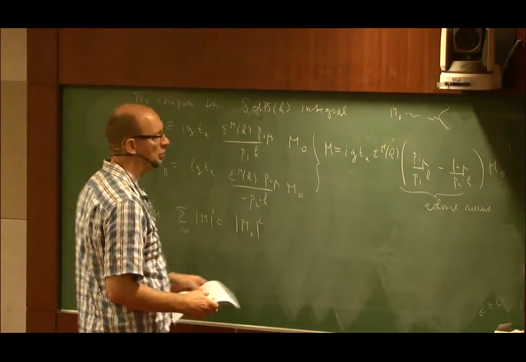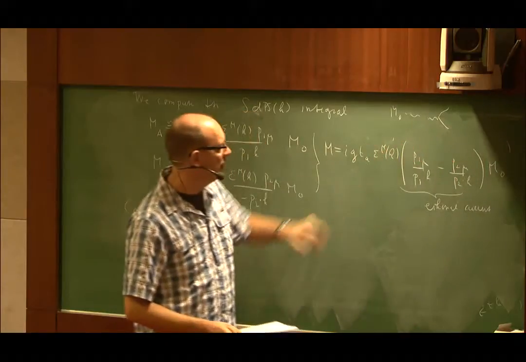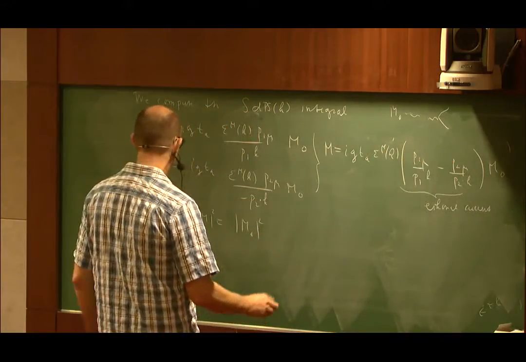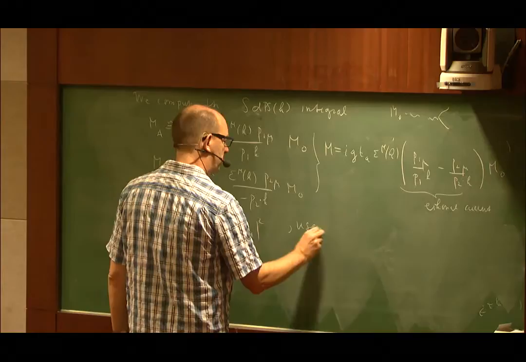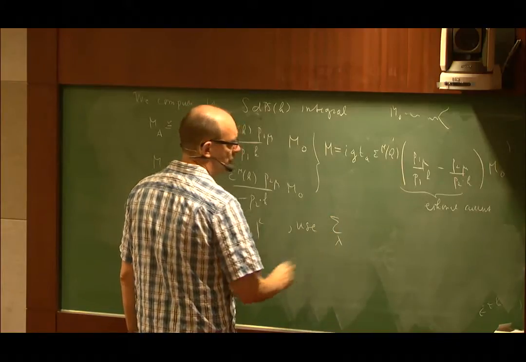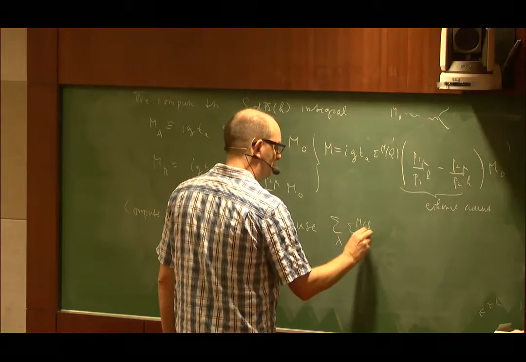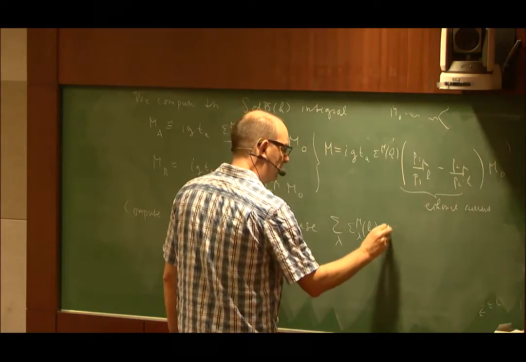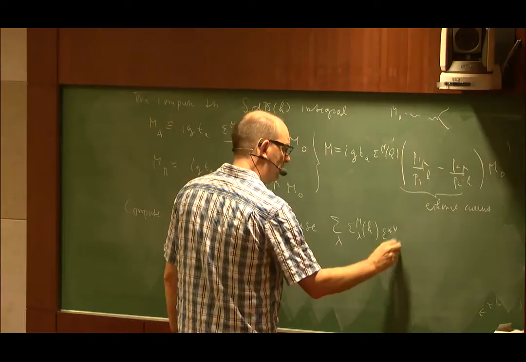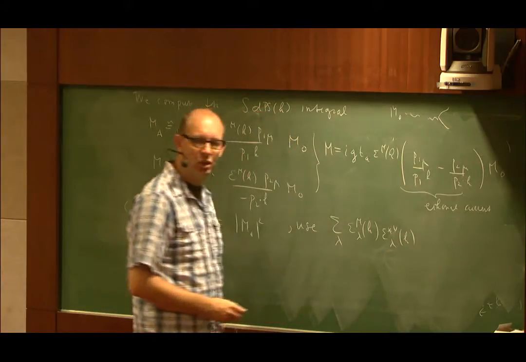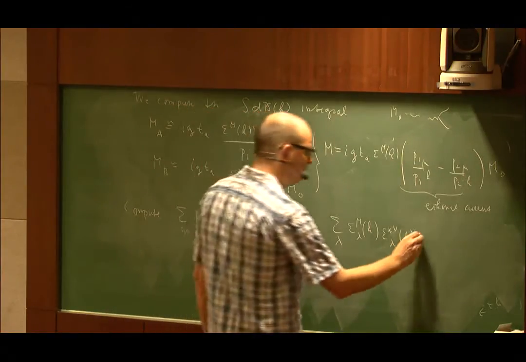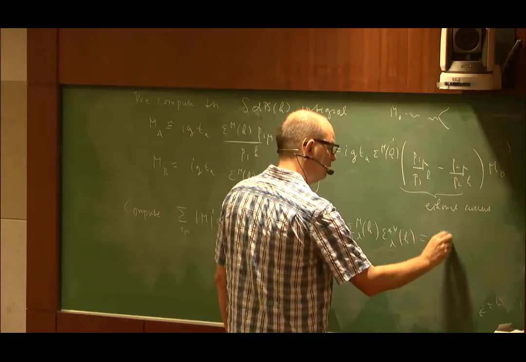And then we have to sum this part squared, summed over spins, and we use that the sum over lambda of epsilon_mu of k lambda epsilon star nu lambda of k, from the complex conjugate amplitude, we can here just take eta_mu nu.